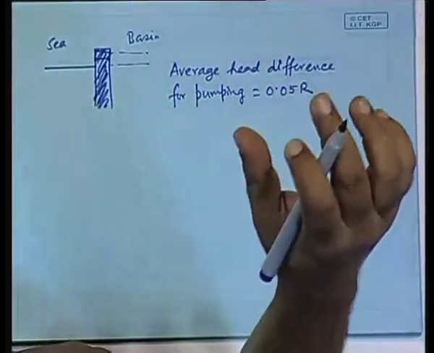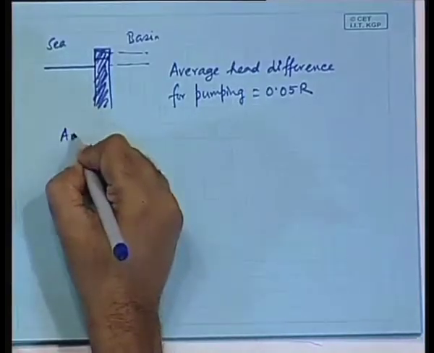How much water was pumped in? If the total amount of water that normally comes is Q, it is 10% of that. So 0.1 times Q is the amount of water that has been pumped in.